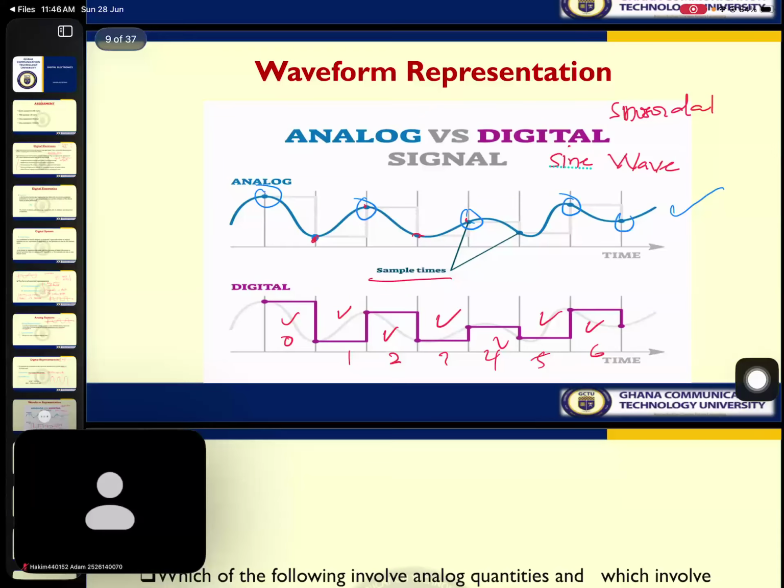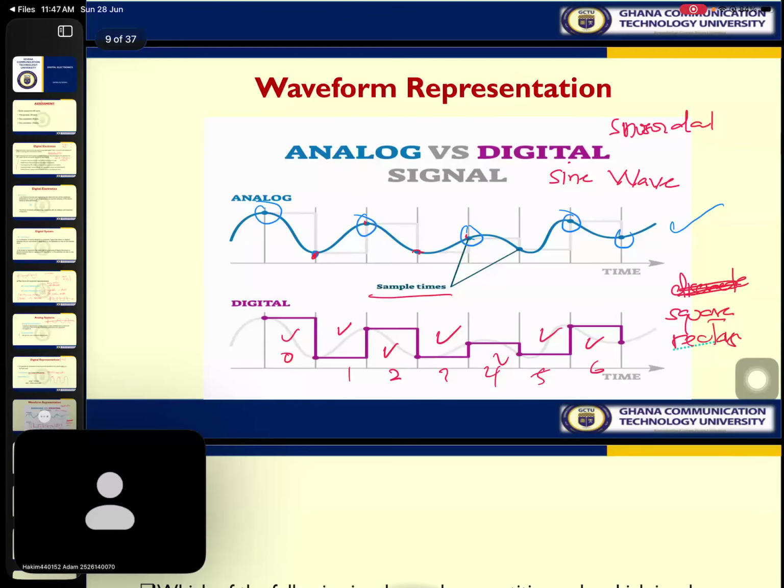And digital signals are in the form of discrete steps. So anywhere we see a rectangular or square waveform like that, we can identify it as digital.